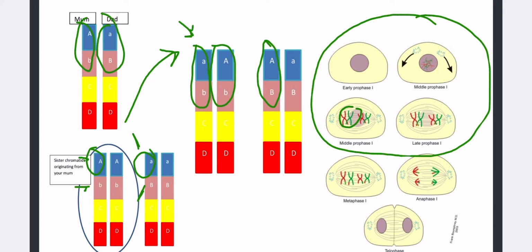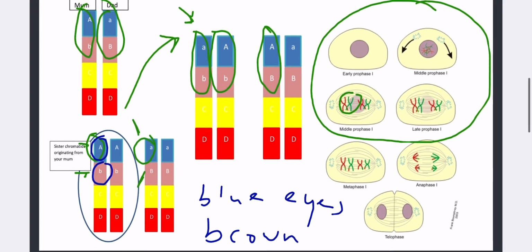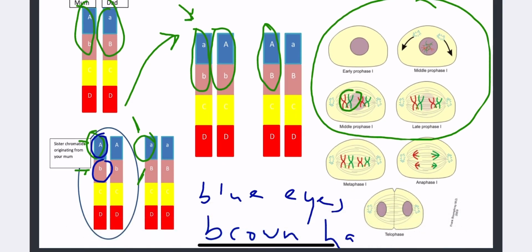Now the way that this is creating variation is, and this is grossly oversimplified, but hopefully it will help. I'll change coloured pens because this one's got plenty of scribbles all over it. If you imagine that, say, big A meant blue eyes and little b meant brown hair, we've got blue eyes mixed with brown hair. Wow, my handwriting's terrible.